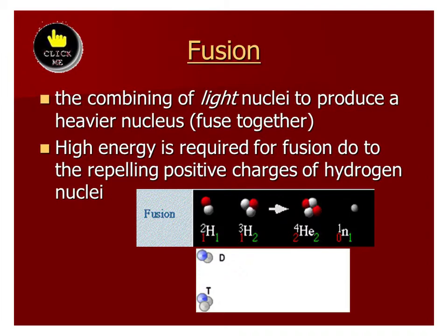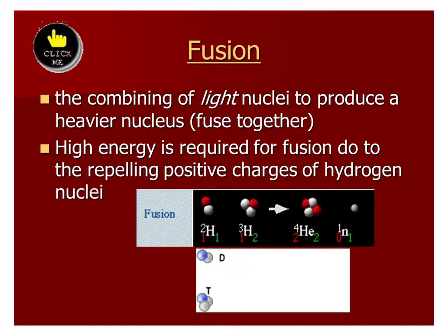So what we're going to do here is take two types of hydrogen. One is deuterium, where it has 1 proton and it has 1 neutron. Normally, hydrogen doesn't have any neutrons, right? So here's my deuterium atom.